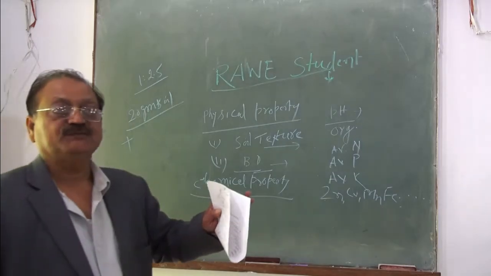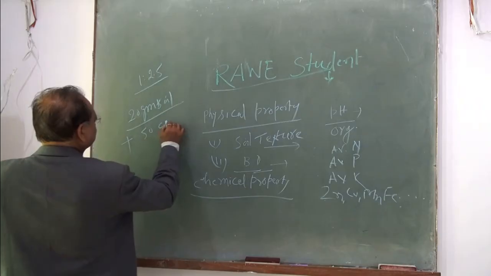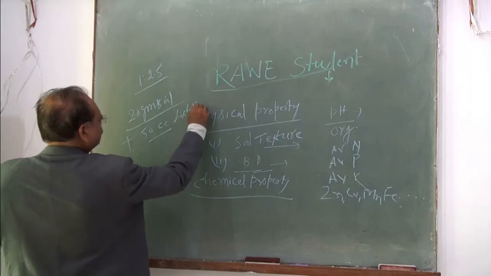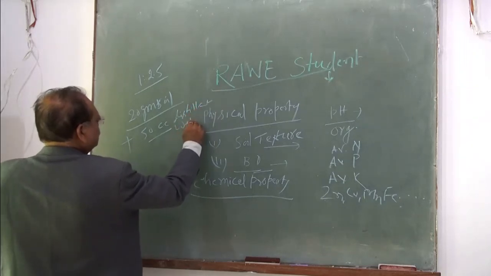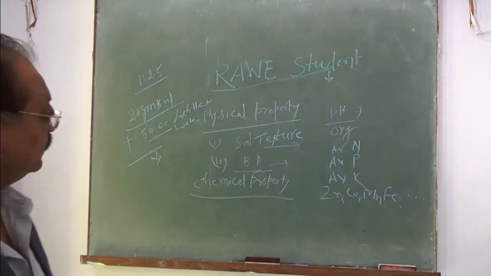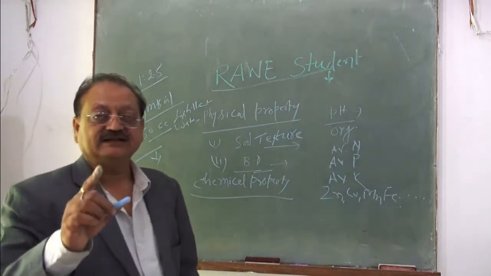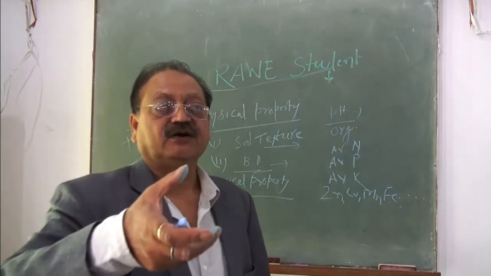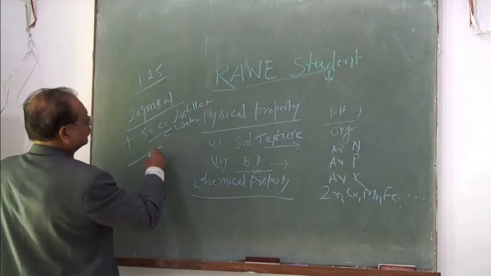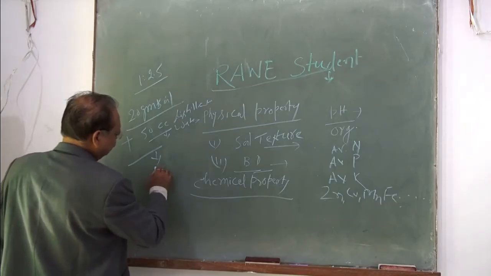So if you have taken 20 gram of soil, you add 50 cc distilled water. Take the soil in a plastic beaker, add the 50 cc distilled water, stir it for half an hour, and take the reading with the help of a pH meter.